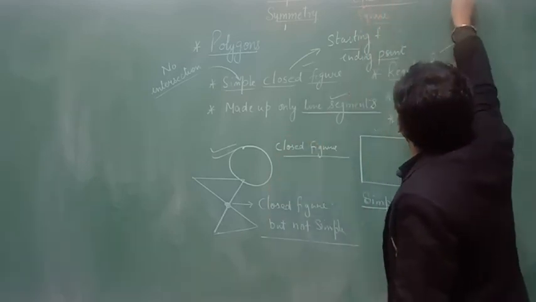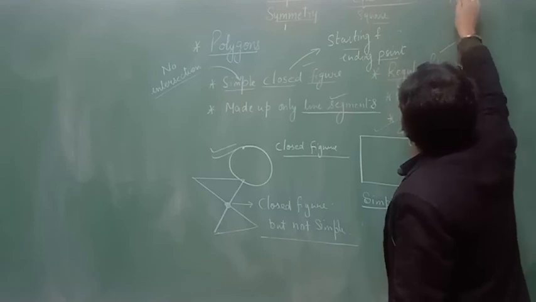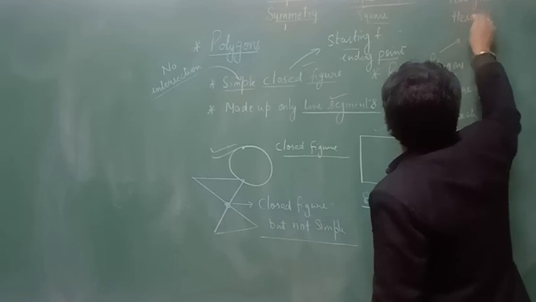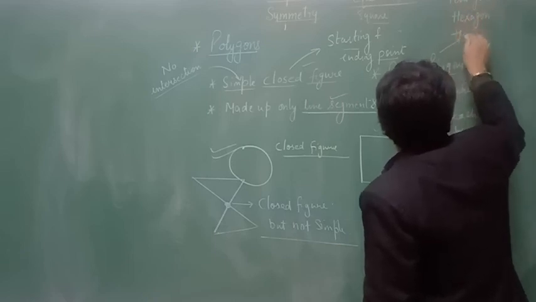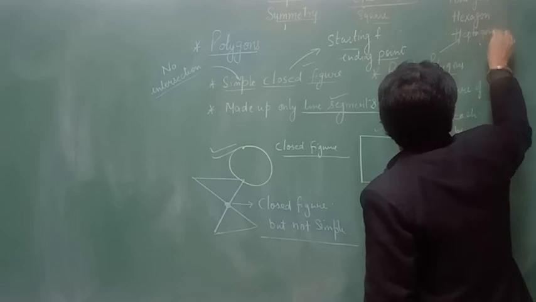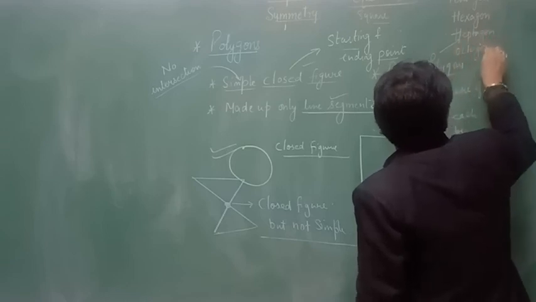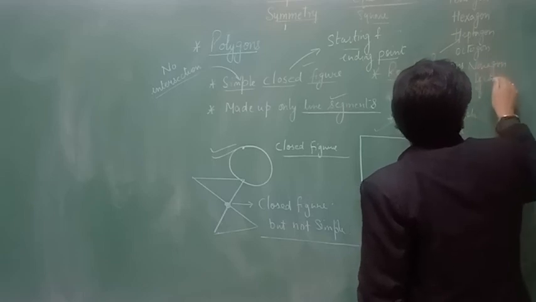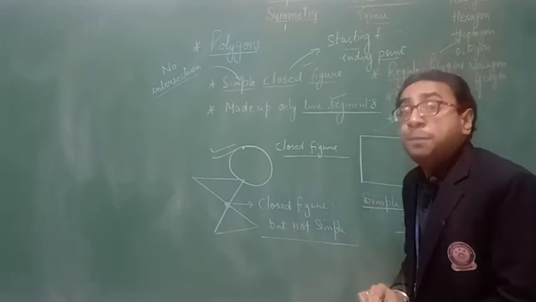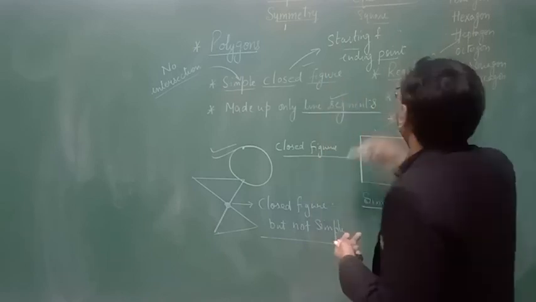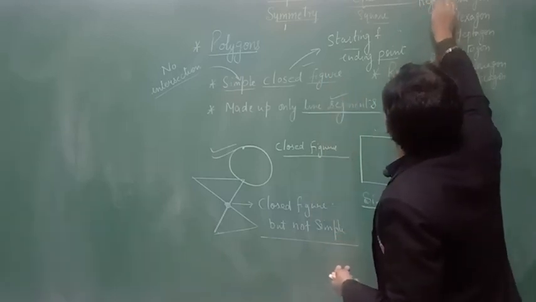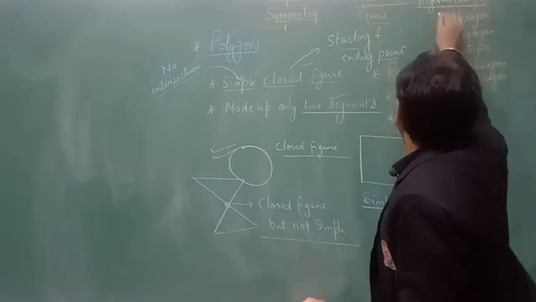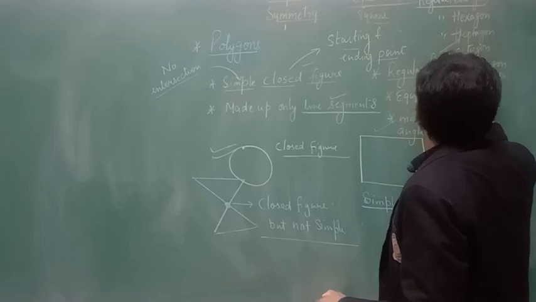Then after that we use terms like pentagon, hexagon, heptagon, octagon, nonagon, decagon, etc. To show that all are equal, we put the word regular before them. If I say regular, it means all sides are equal and the measure of each angle is equal.